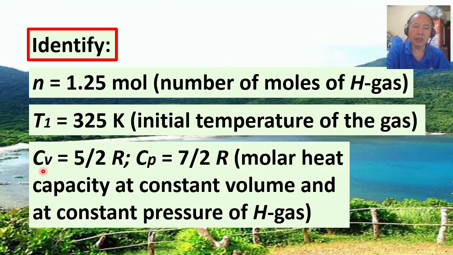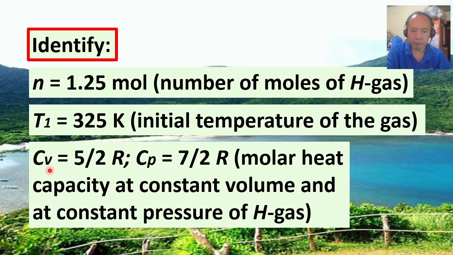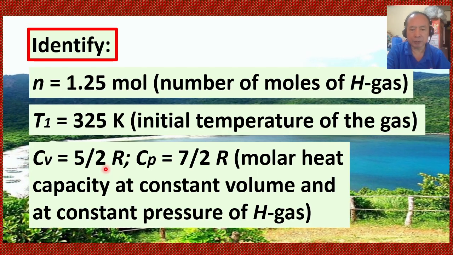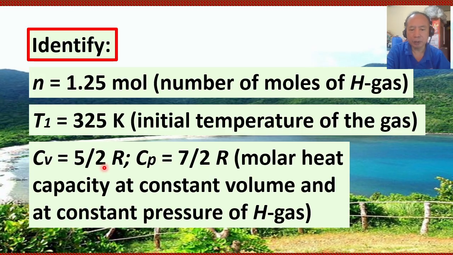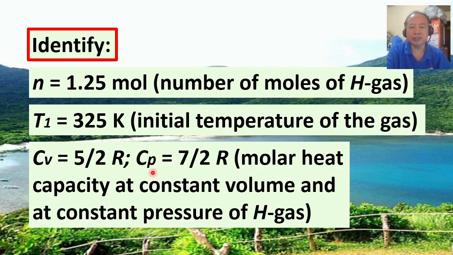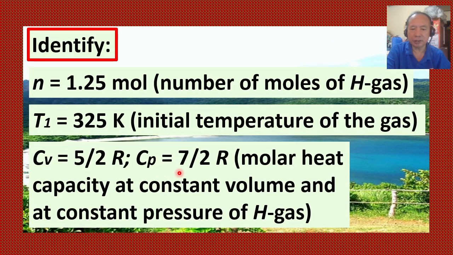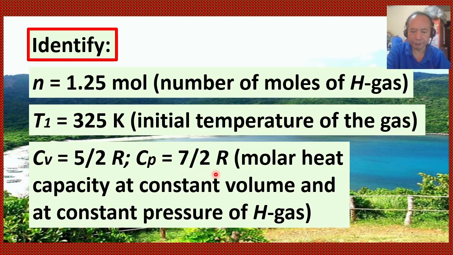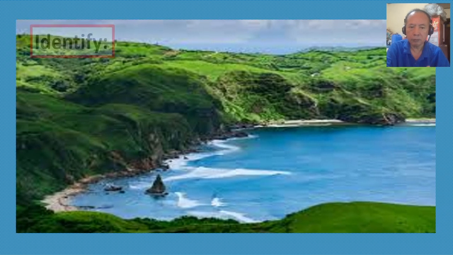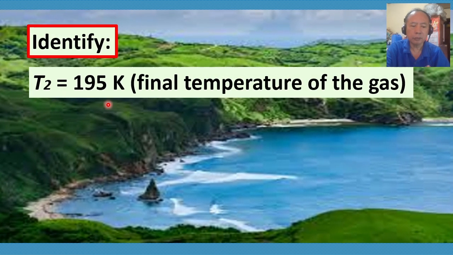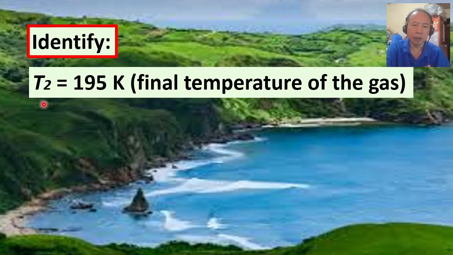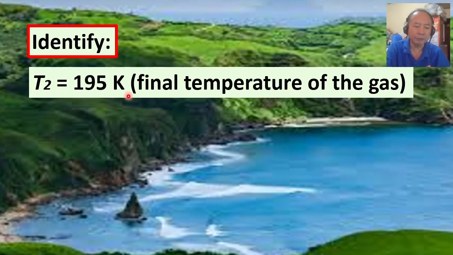Its molar heat capacity at constant volume, capital C sub V, equals 5 halves times big R, or 5 halves times the universal gas constant, big R, while its molar heat capacity at constant pressure is 7 halves times big R. You allow the gas to expand adiabatically to an absolute temperature, capital T sub 2 equal to 195 Kelvin.